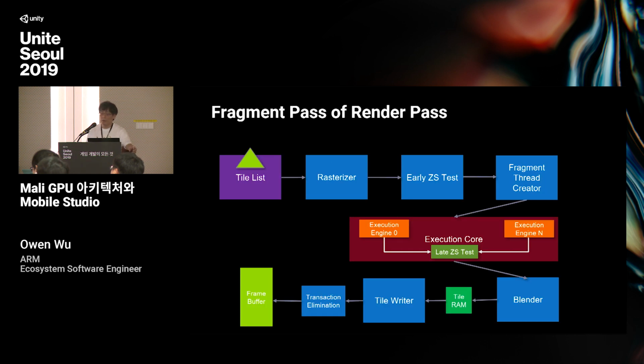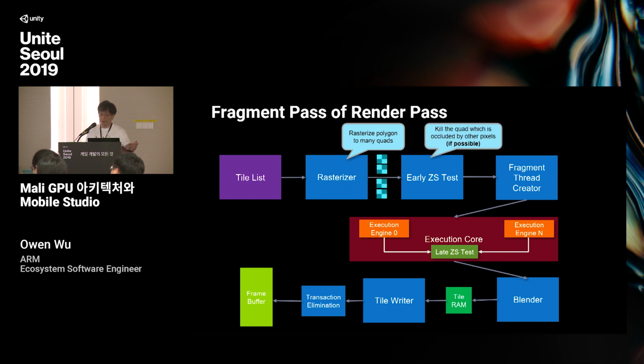After the vertex pass of the render pass is finished, the GPU can run the fragment pass. The rasterizer will rasterize the primitive into quads, which are 2 by 2 sized. Then quads need to do the early Z test before going to the next stage.